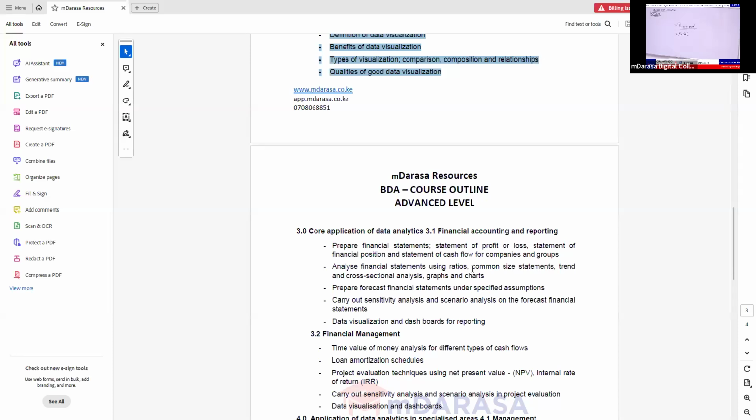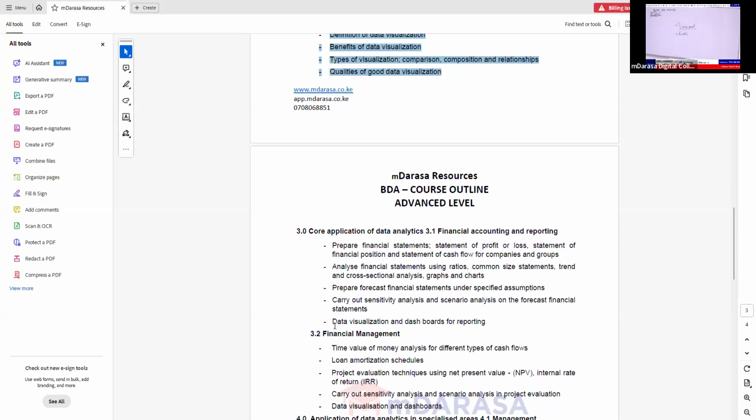Using the Excel functions, are you able to prepare a common size statement? Using the same Excel functions, are you able to prepare a proper statement of financial position? Using the same functions, my good students, are you able to prepare forecasts? That is where the Excel functions will always come in. That's very important to note.